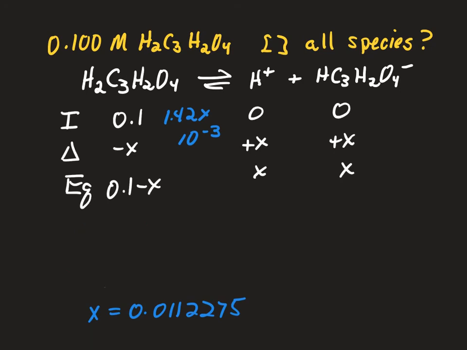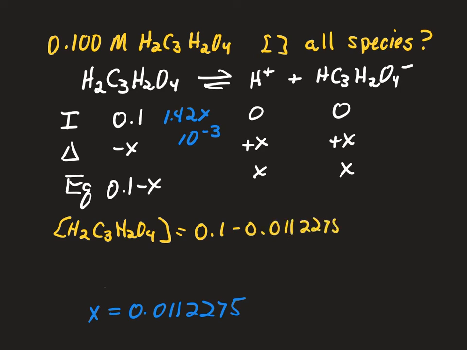So if we use that, then our concentration of undissociated malonic acid is going to be equal to 0.1 minus 0.0112275, which is way too many significant figures. We started with 3, and so you're going to end up with 0.089 when you do the subtraction to the proper number of significant figures.